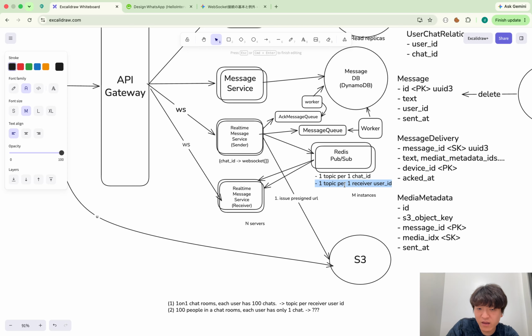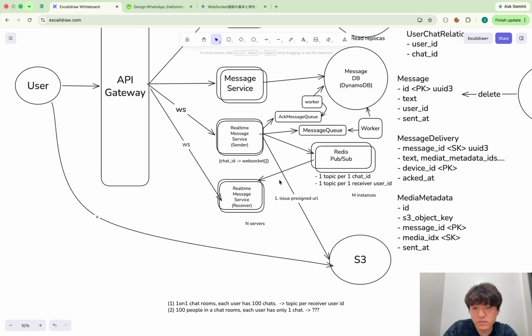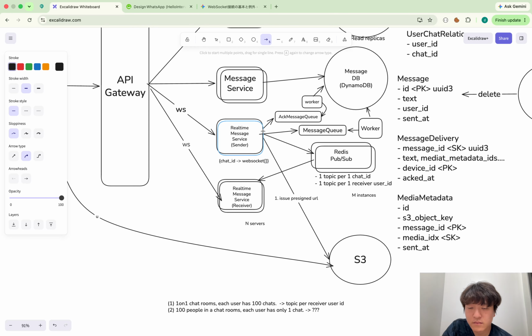And when I take the second option, when the message is sent and the real-time message service server receives it, this server, as the sender, sends the message to the topics. Because there are 99 receivers in the same chat room, it sends the message to 99 topics. So the sender server does the fanout in this case.